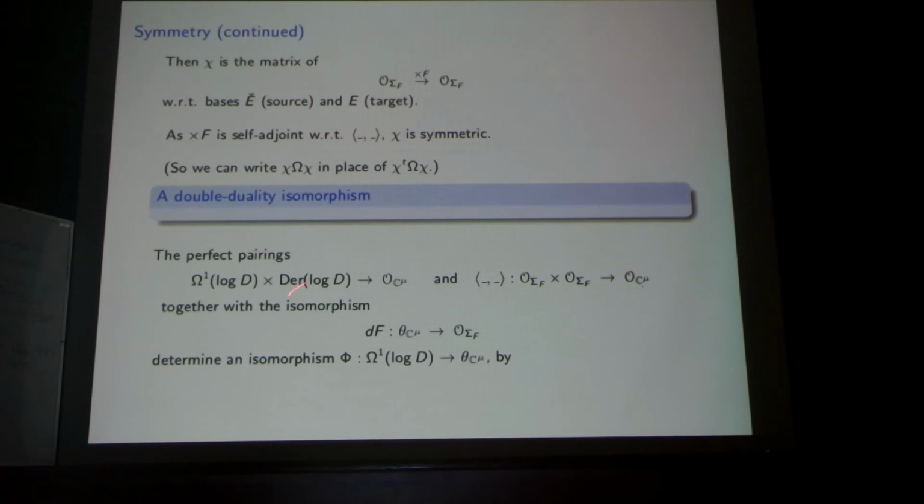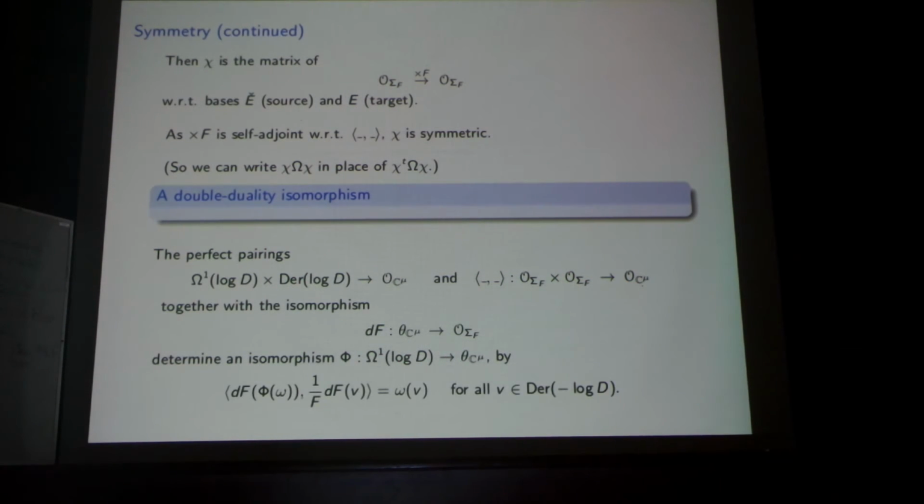Neither pairing gives you a natural map alone, but combining the two pairings gives you this isomorphism, which I won't spend long looking at. But the important thing is that it sends omega_i, the ith generator of Omega^1(log D) in the basis dual to the basis we've chosen of Der(-log D), to d/du_i.